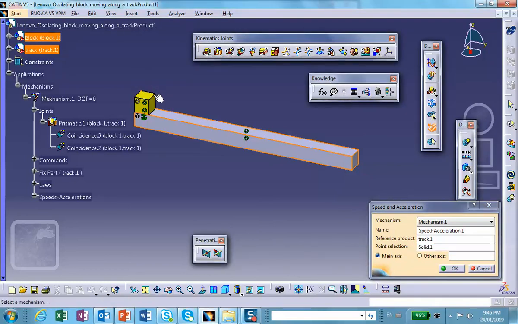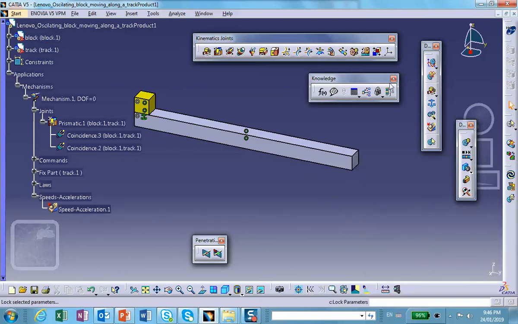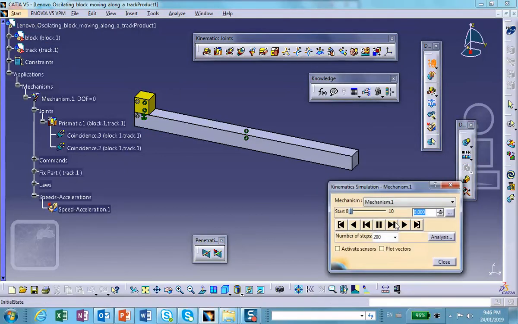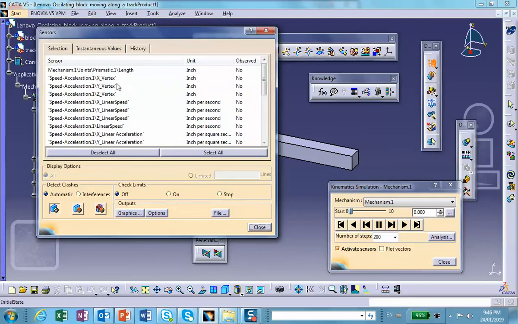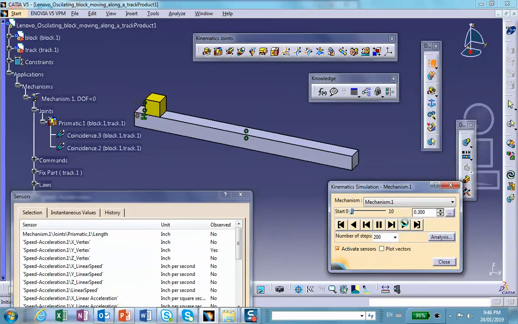In the first run, I used this point to the right of the end location. All right, let's do another simulation with laws. So activate the sensor. We want the y vertex. So I selected this. That turned into a yes, and then we play the simulation. 10 seconds. This is the 2 oscillations that it was supposed to do.